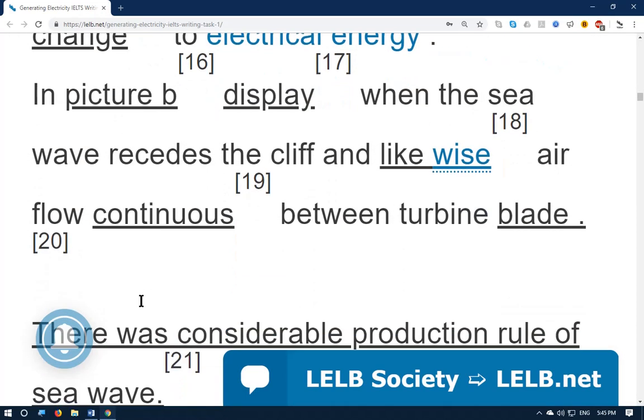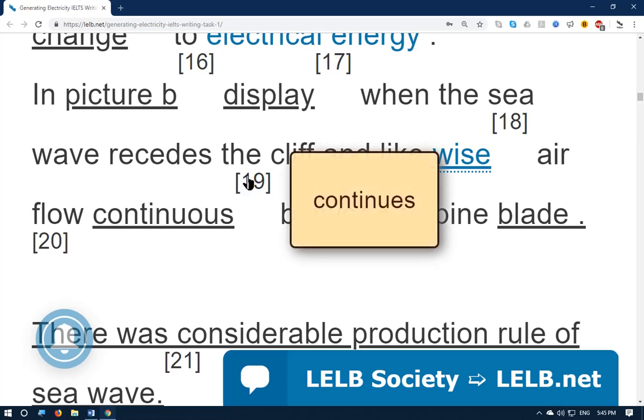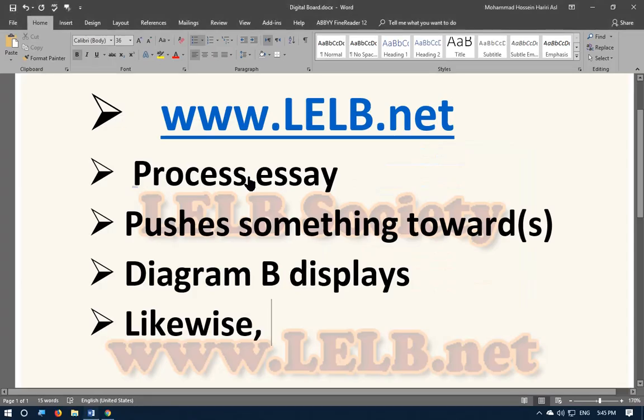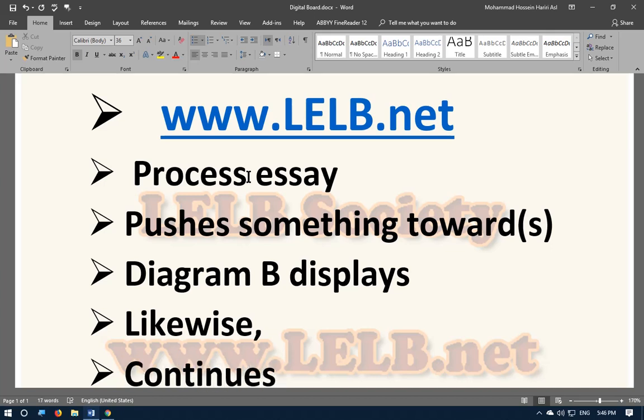Airflow continuous, it must be a verb, continues. So the verb is continues if it has a third person subject, yeah, and the adjective is continuous.